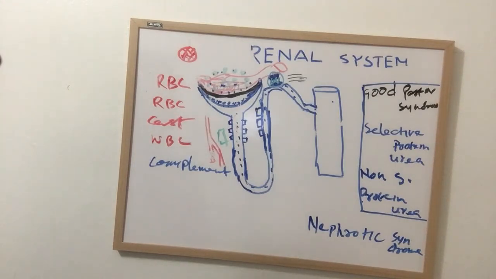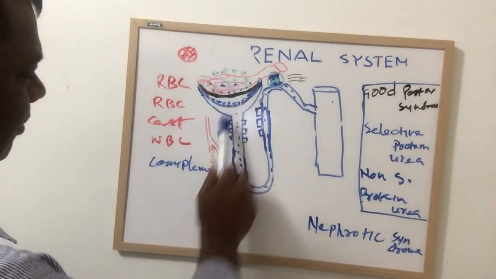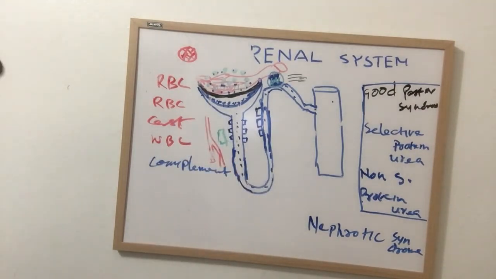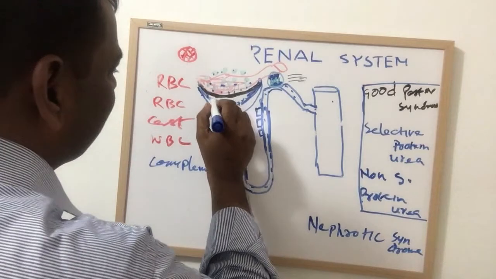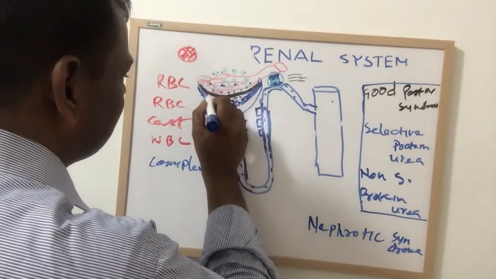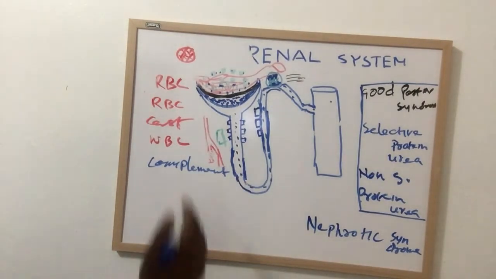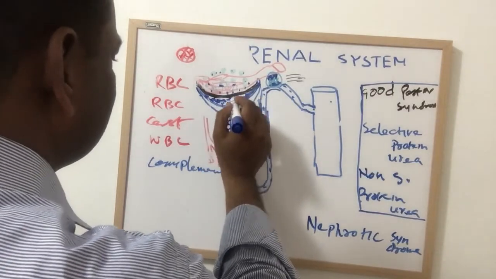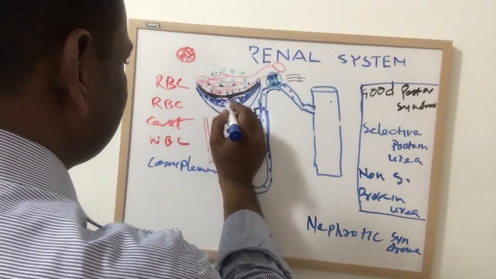They can engulf some cells if they come here. So the complement system, RBC, WBC, neutrophils, phagocytes, everybody is coming there. Now they are trafficking in this area, Bowman's area.